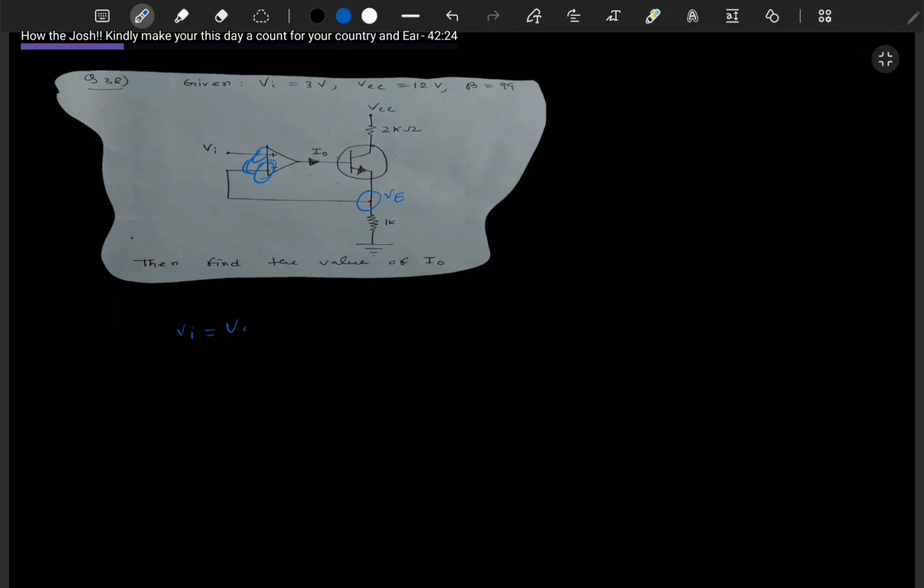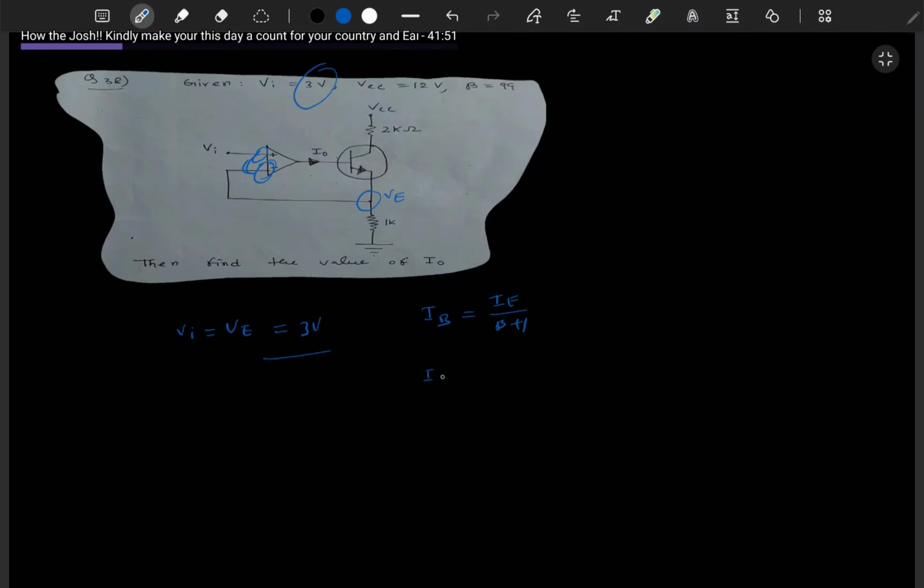So Vi equal to V, that is 3 volt. I naught I need to find out, in terms of IE, I would write it as I by eta plus 1.